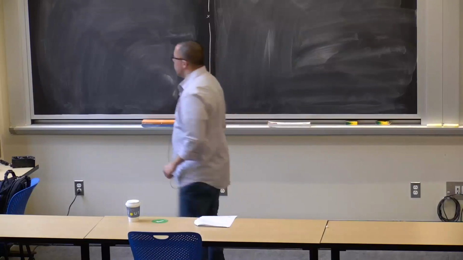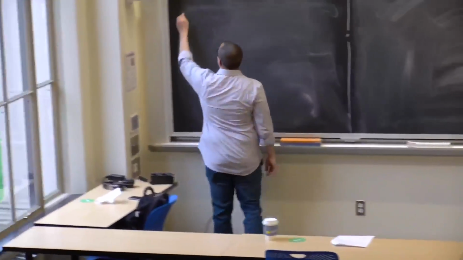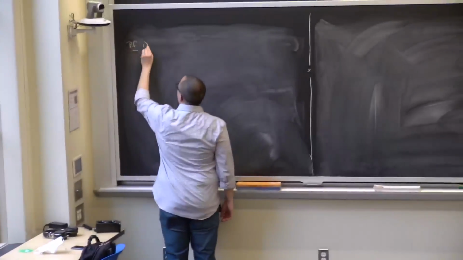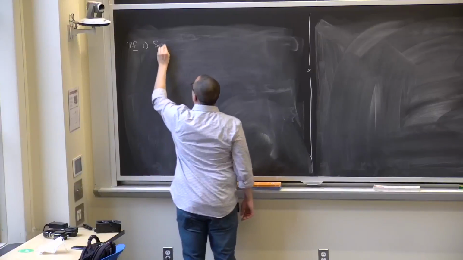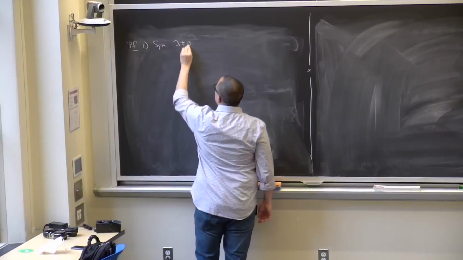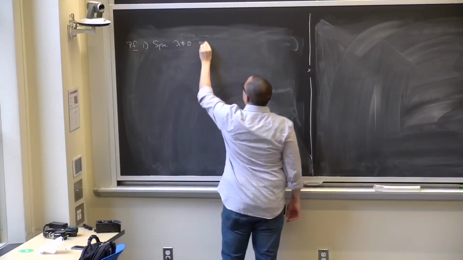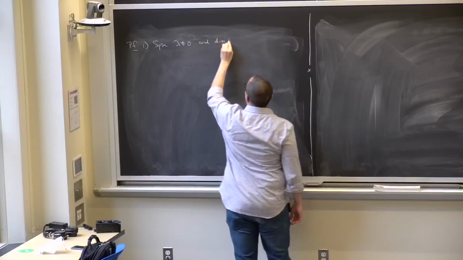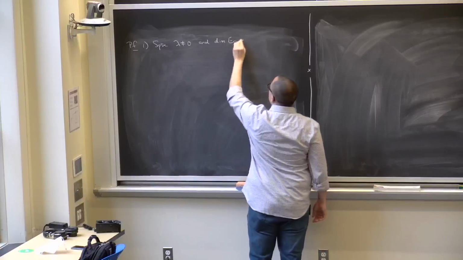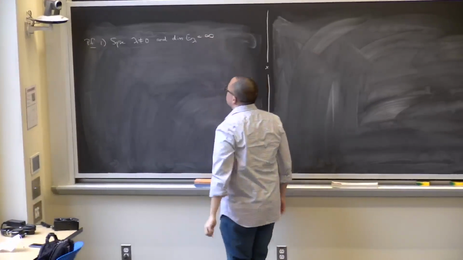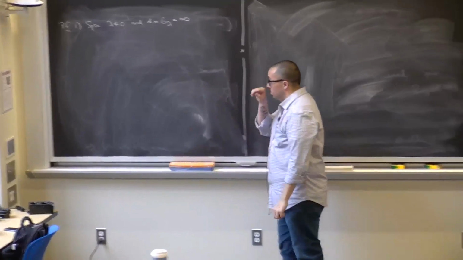All right. So, proof of 1. Suppose I have a non-zero eigenvalue, and towards a contradiction, E lambda is not finite dimensional.